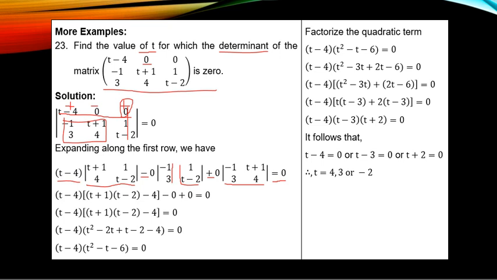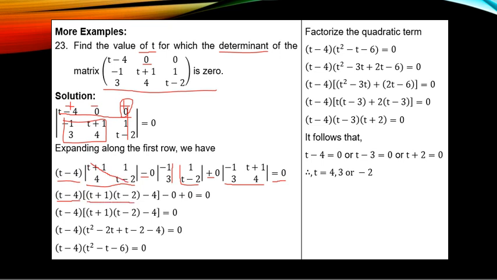After doing that, we apply the steps for obtaining the determinant of a 2 by 2 matrix, and that is the difference of the product of the two diagonals. So for the first place, you take this product, t plus 1 times t minus 2.